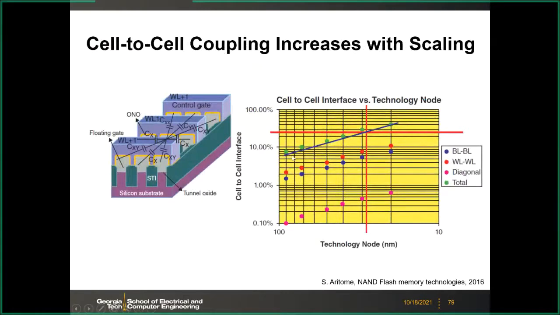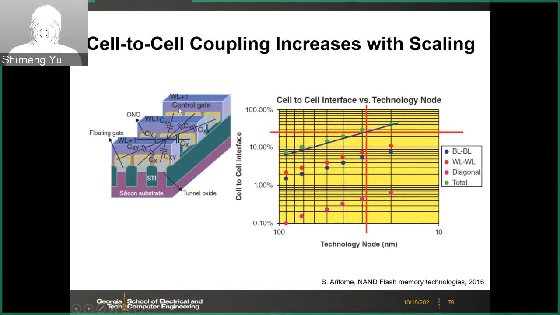So let's look at the cell-to-cell coupling. As the distance between the cells gets closer, the coupling will increase. Here this is the technology node, and we see the coupling increases with the scaling.